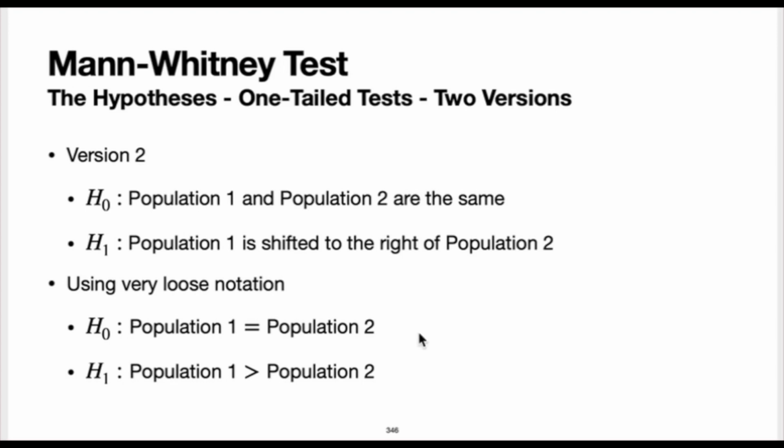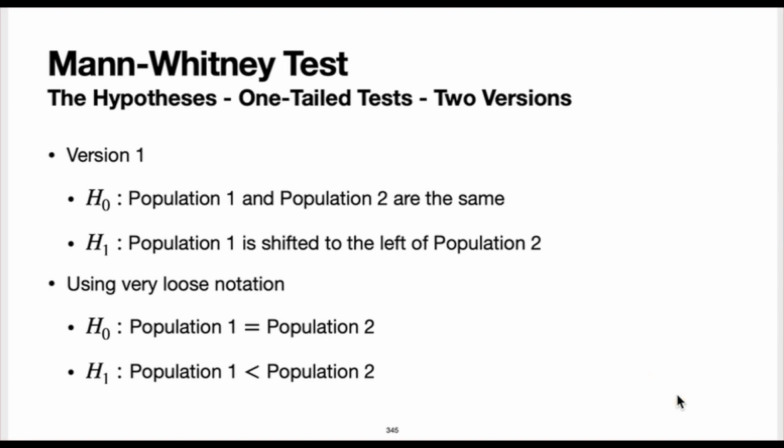Okay, so again, using this very loose notation, the null hypothesis would be that population 1 is equal to population 2. The alternative would be that population 1 is greater than or is situated to the right of the location of population 2. All right, so those are the hypotheses that we can test. We've got the two-tailed test, and then we've got a couple versions of a one-tailed test.